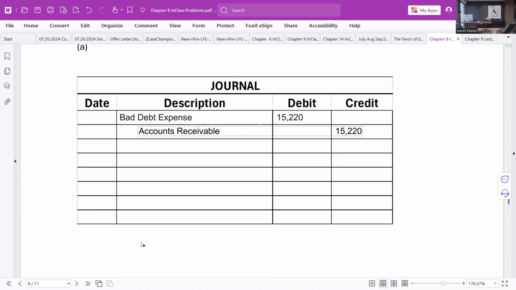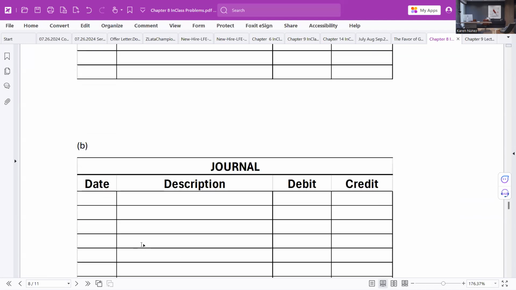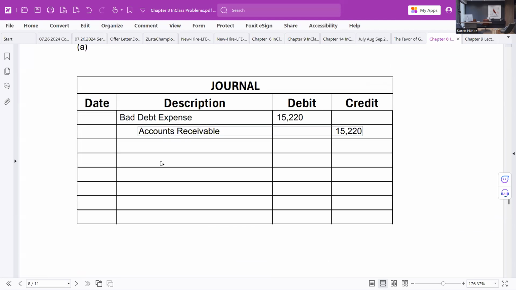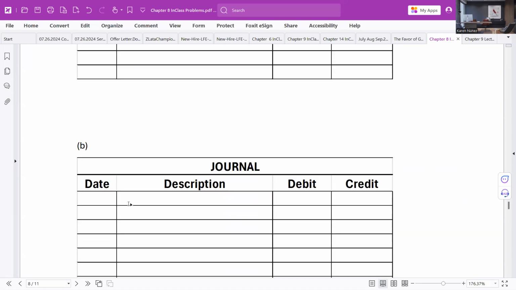But under the allowance method, right? We don't do that. Under the allowance method, we've already recognized an expense, right? In an adjusting entry, we recognize the expense. Now all we do is we charge off uncollectible accounts to the allowance account.